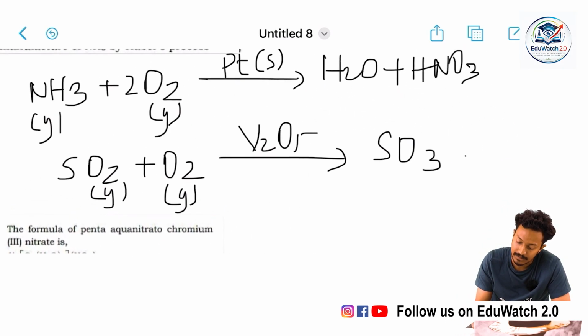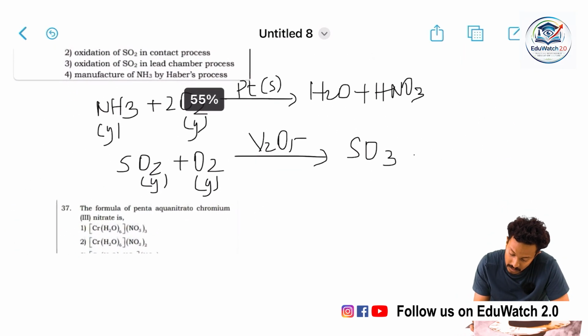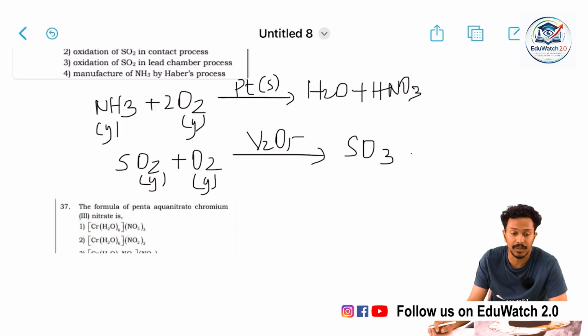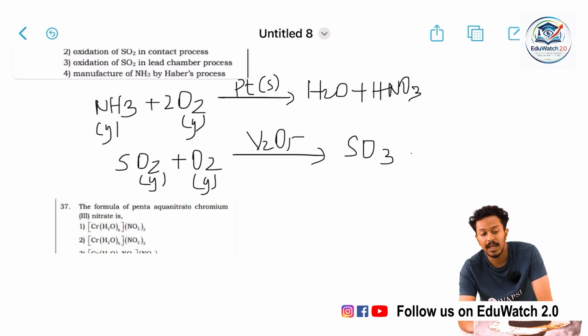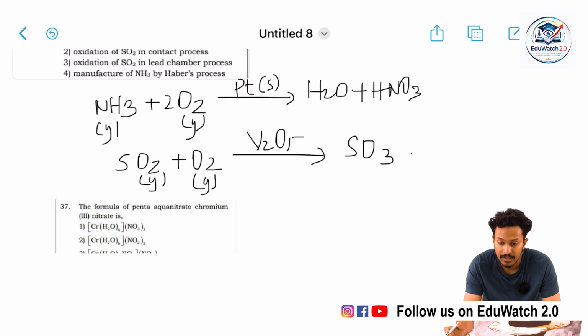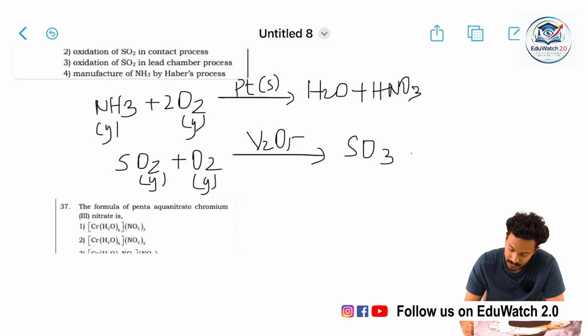The next reaction is the oxidation of SO2 in the lead chamber process. Here sulfur dioxide and oxygen are oxidized in a chamber in the presence of NO2 as the catalyst, which gives SO3.